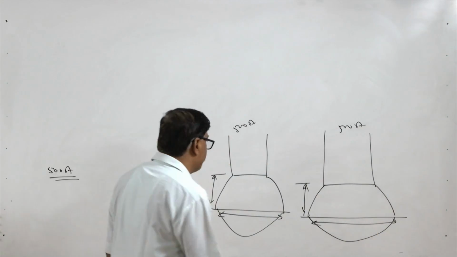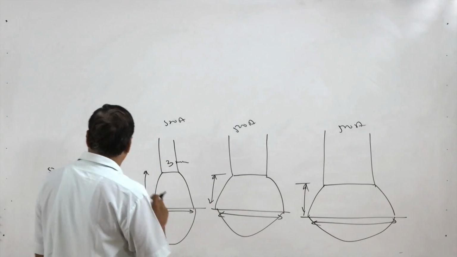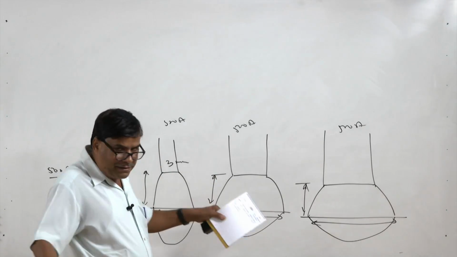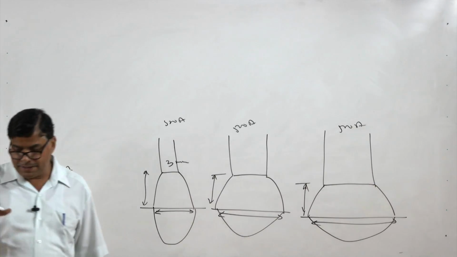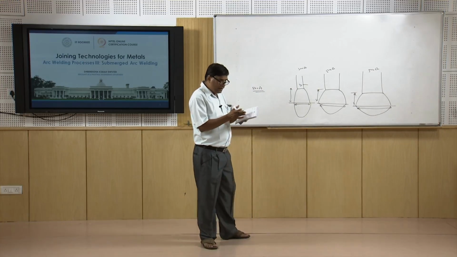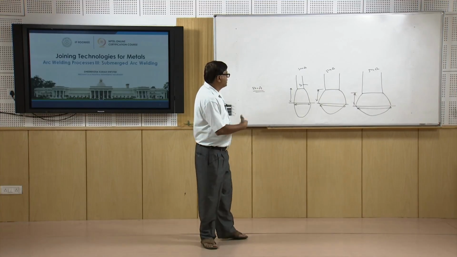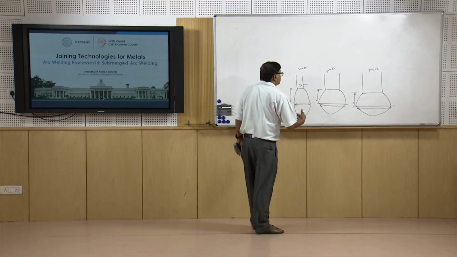So, basically, for a given value of current, when the diameter is increased, the power density decreases and the heat is spread and distributed over a larger area, and that in turn affects the penetration.